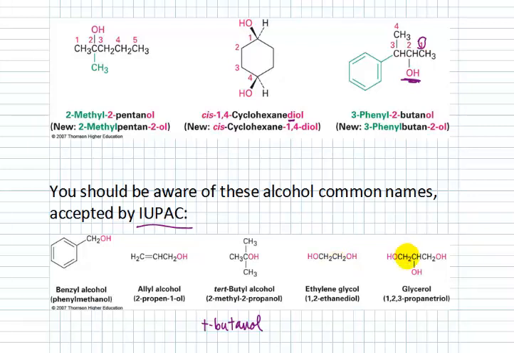Here's glycerol, 1,2,3-propanetriol, commonly known as glycerin, but that is not a proper chemical name. Glycerol with the OL ending is the proper chemically formed name. So glycerin can be used as an ingredient in a drug or something like that, or a preparation, but glycerol is the name that we use in chemistry.